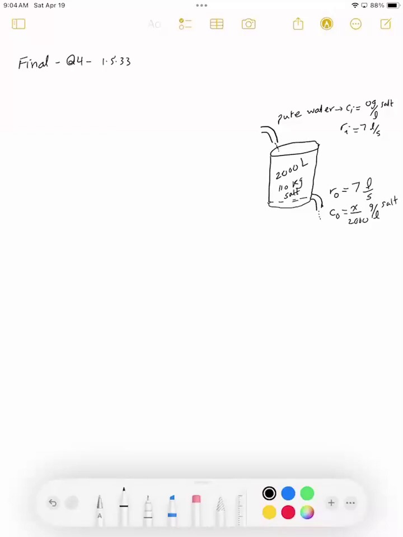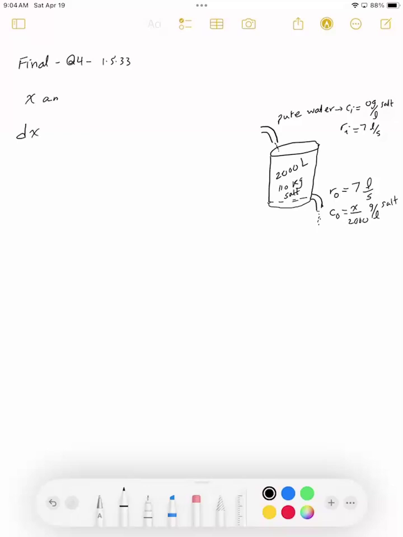It is going to be less as time goes by. How much is the salt that is getting out? It is X amount, we don't know, per 2,000. That is the amount of grams of salt per liter. That's called CO.